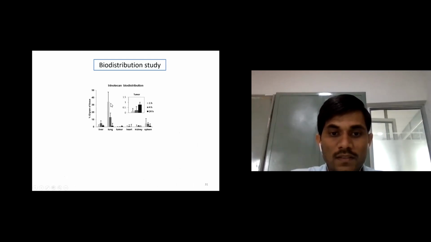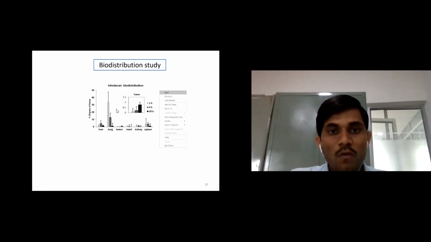Initially, at 1 hour, a higher concentration of irinotecan is observed in the lungs, but after 4 and 24 hours, a decrease in the concentration is reported. Whereas for tumor, as time proceeds, the nanoparticles start accumulating at the tumor site, and there is an increase in the drug concentration.